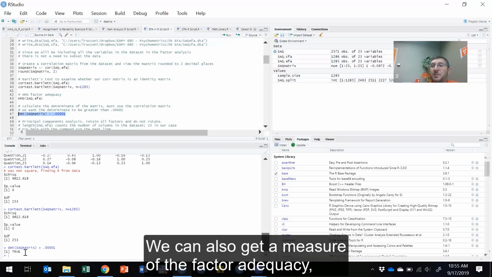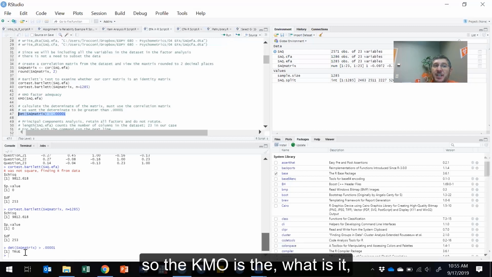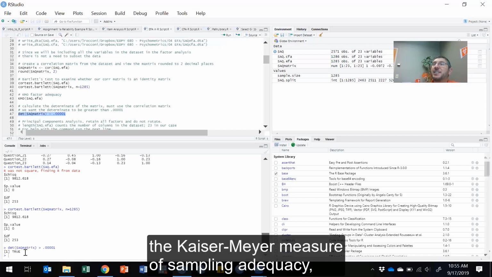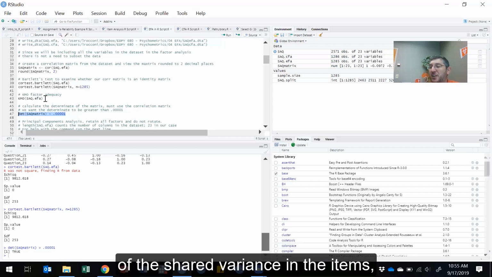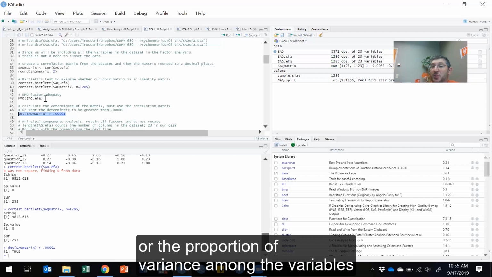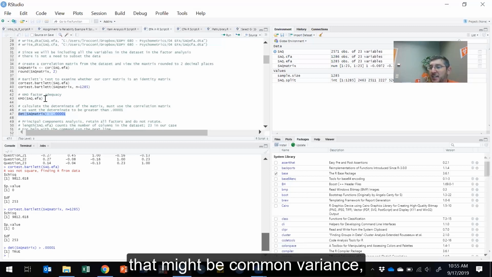We can also get a measure of the factor adequacy. So the KMO is the Kaiser-Meyer-Olkin measure of sampling adequacy. I can't remember exactly how Beaver's article defines it, but it's basically a measure of the shared variance in the items, or the proportion of variance among the variables that might be common variance.